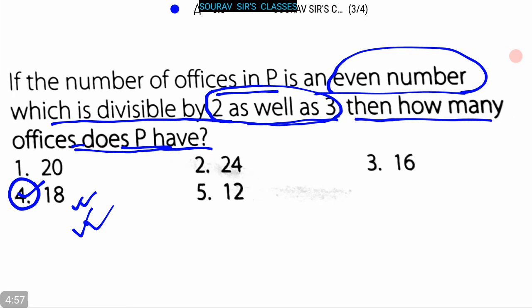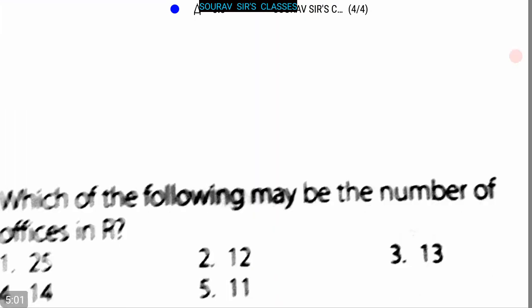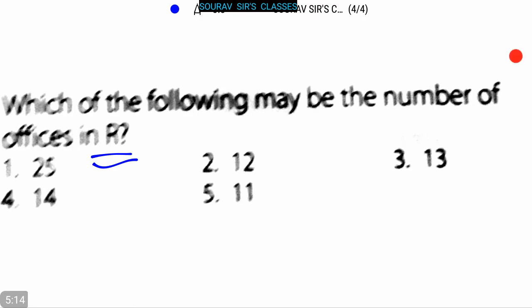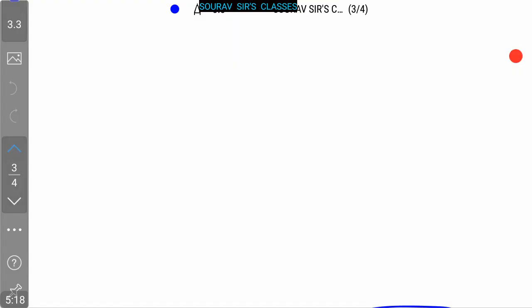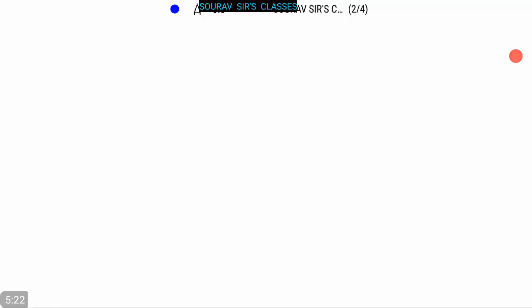Now here is our next question, and the question is, which of the following may be the number of offices in R? So we have to find out the number of offices in R. So let's again go back to the question. Okay, and here is the sequence.